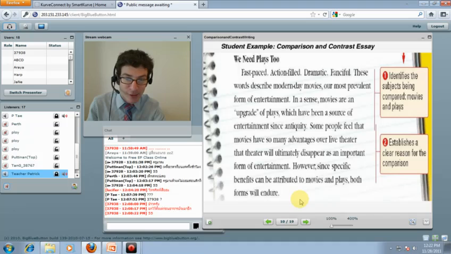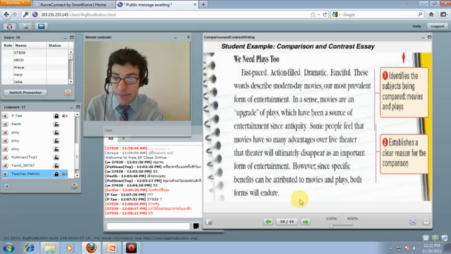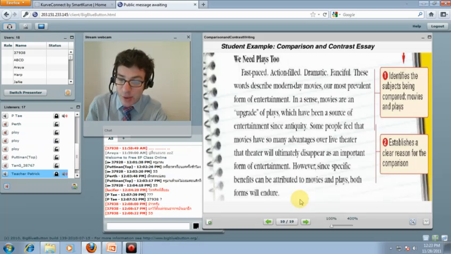Okay, so let's read this. We need 2 plays too. Title: fast-paced, action-filled, dramatic, fanciful. These words describe modern-day movies, our most prevalent, or common, form of entertainment. In a sense, movies are an upgrade of plays, which have been a source of entertainment since antiquity.